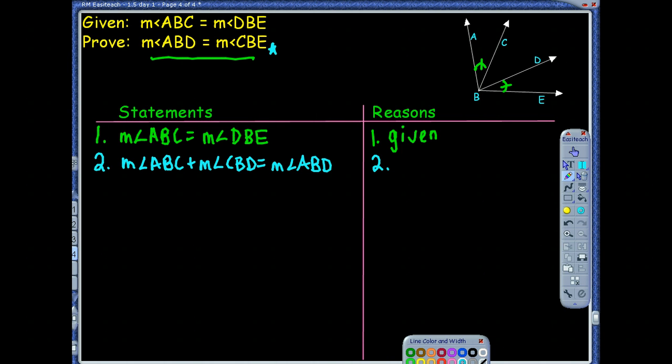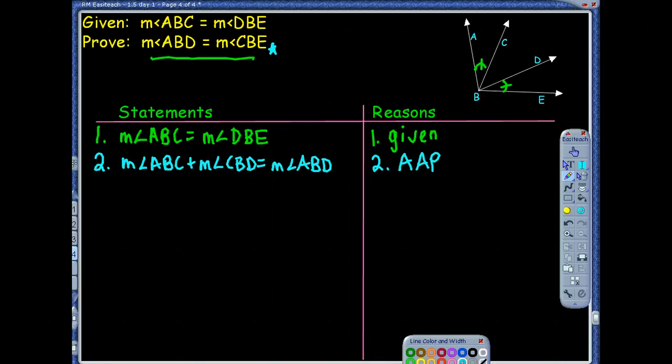So just like Mrs. Hochgravy mentioned in the last one with the segments, we needed to establish something about angle ABD's measure. And the only thing we know from that picture is that those two adjacent angles add up to that larger one. And what's my reason? Well, it's not segment addition postulate because these aren't segments. So angle addition postulate. So AAP. Whoops, I almost put something else for some reason.